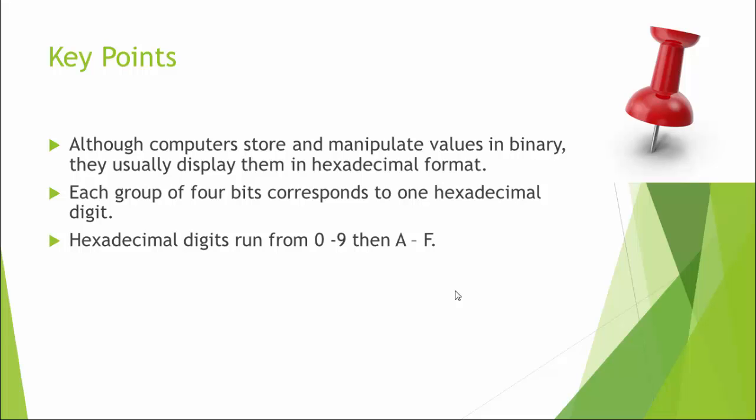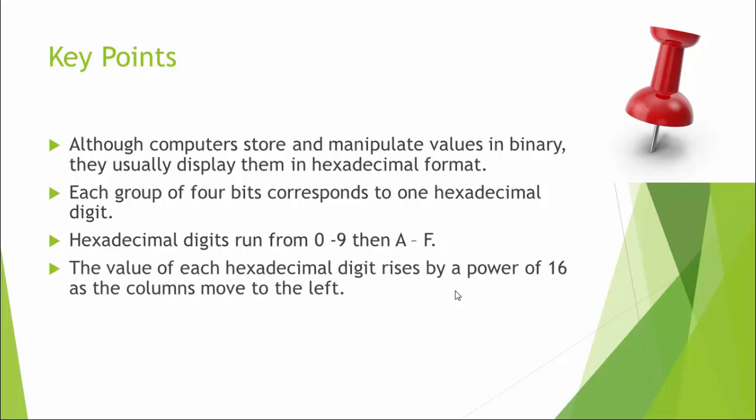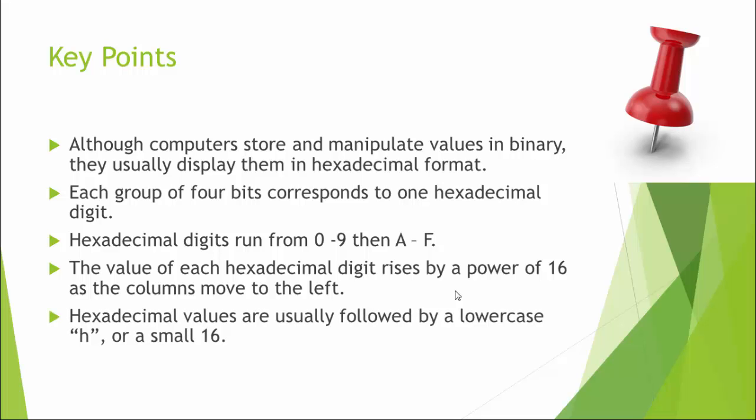The hexadecimal digits run from 0 to 9, A, B, C, D, E, F. And when we build our list of digits for hexadecimal, each time we multiply by a factor of 16. Hexadecimal values, by the way, are usually followed by a lowercase h or a small 16 to let us know that they're not decimal values.